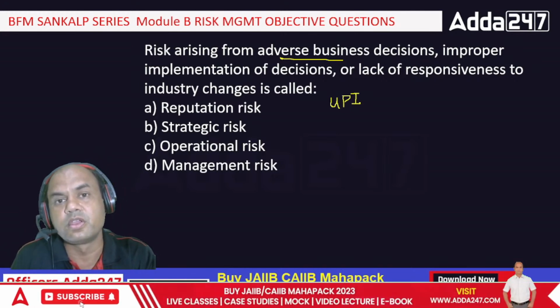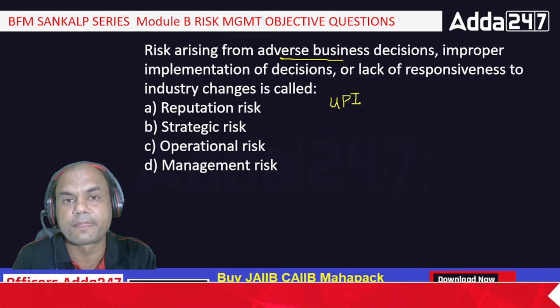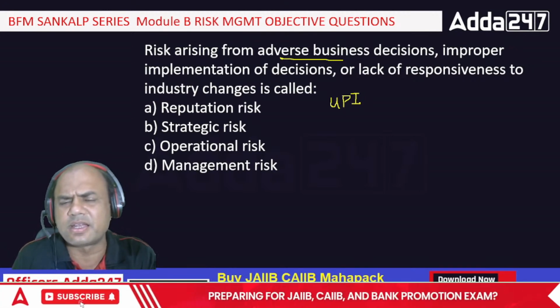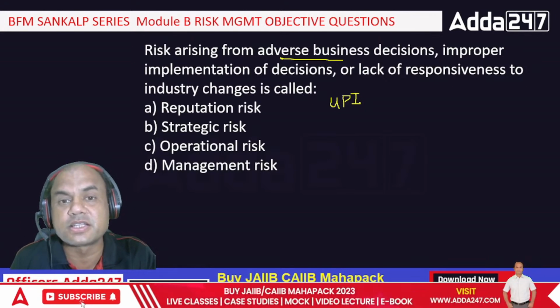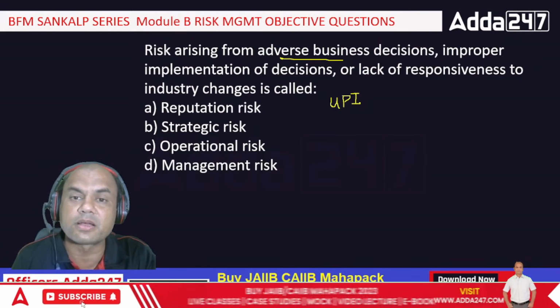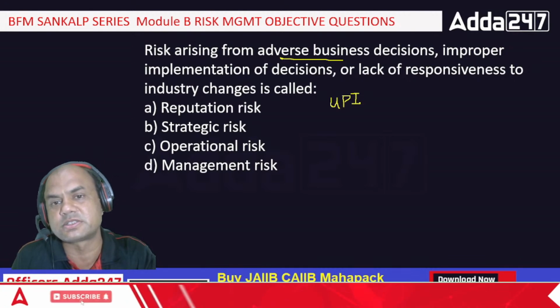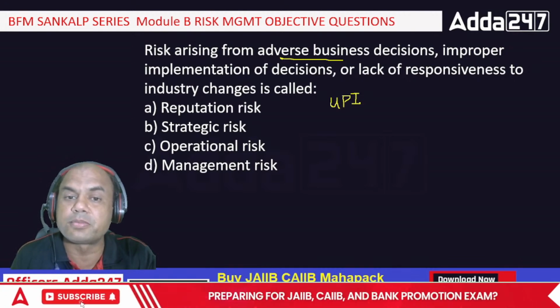Not at all. You will be out of business. And secondly, all the banks are now selling insurance. If your bank doesn't sell insurance, where will your TPP income come from? So this is known as adverse business decisions. Improper implementation of decisions.